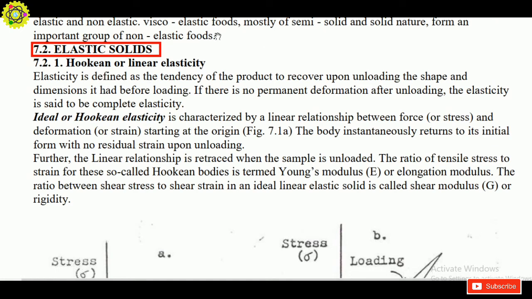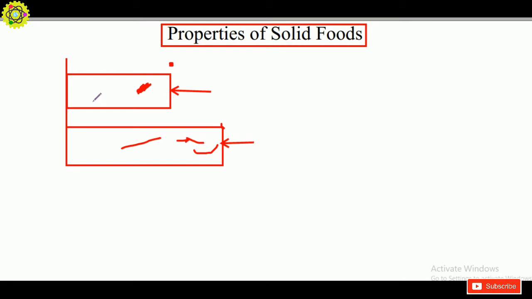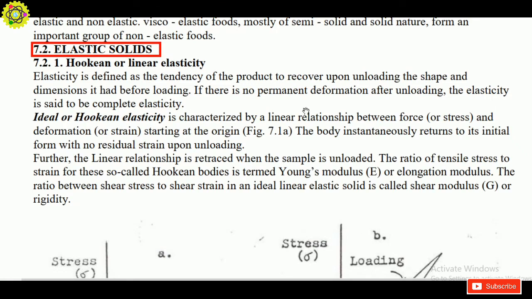Now let's see, elasticity is defined as the tendency of a product to recover, upon unloading, the shape and dimensions it had before loading, as we have seen previously. As it recovers its original shape, and if there is no permanent deformation after unloading, the elasticity is said to be completely elastic.